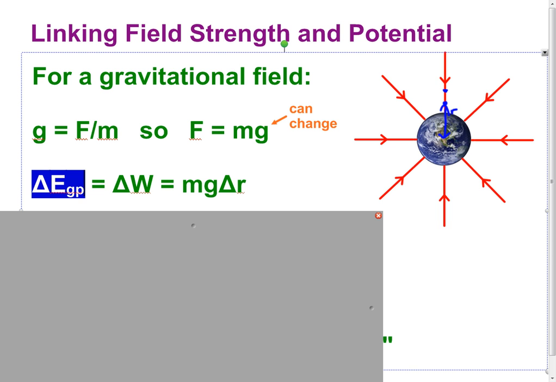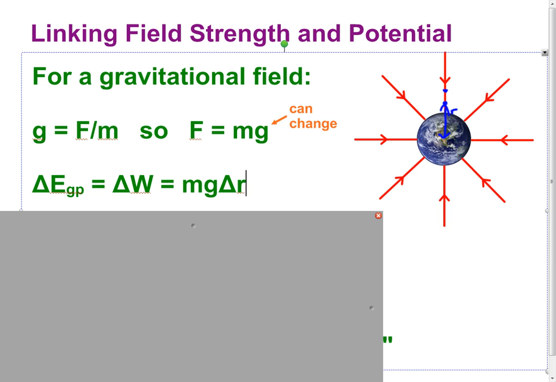Well, the change in gravitational potential energy is going to be the same as delta W, the work done moving the object from the lower height to the higher height. So if W stands for work done, and the work done is the force times the distance, and the force is given by mg, and the distance is given by delta r.